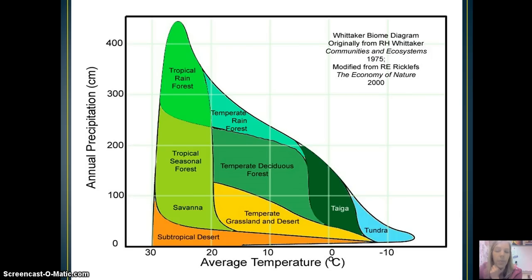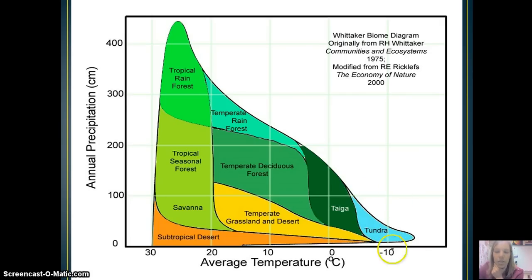And so it can be temperature, cloud coverage, precipitation, humidity levels, dew point temperature, etc. But when you get into climate, it's talking about more of an ongoing collection and analysis of data, precipitation and temperature mainly. So this diagram I like because it really makes the main biomes in comparison.